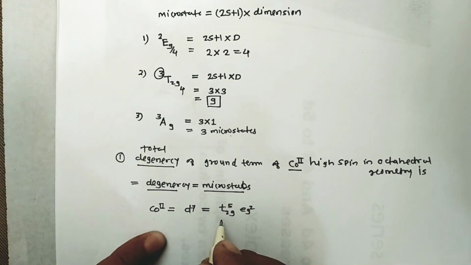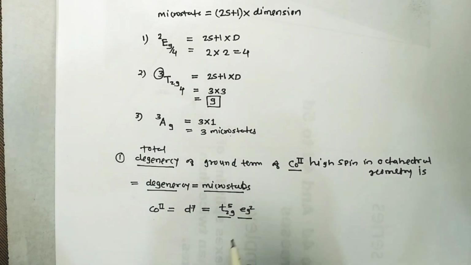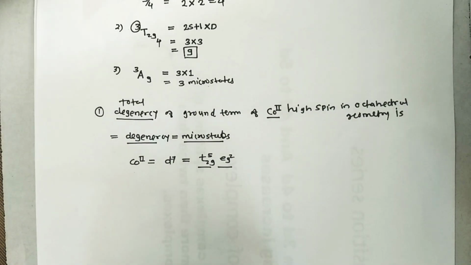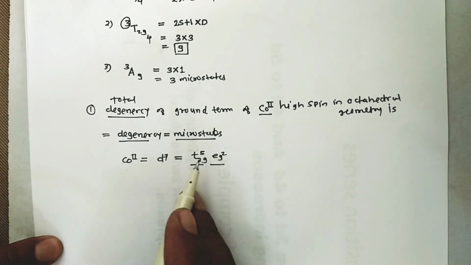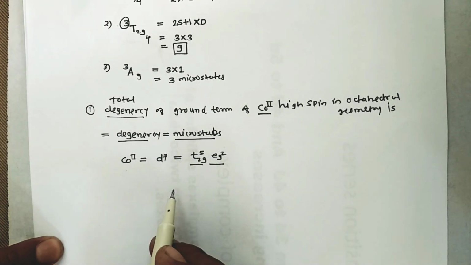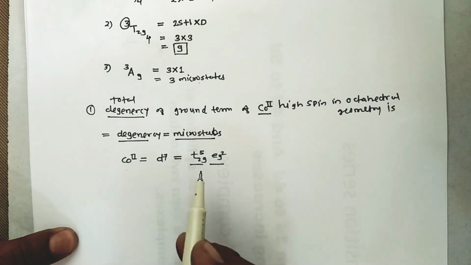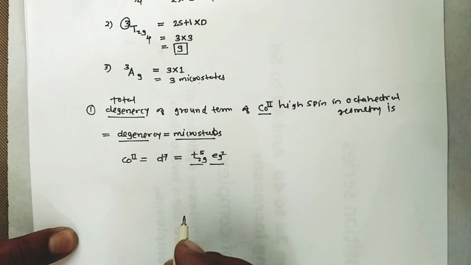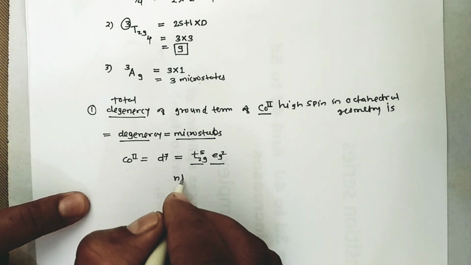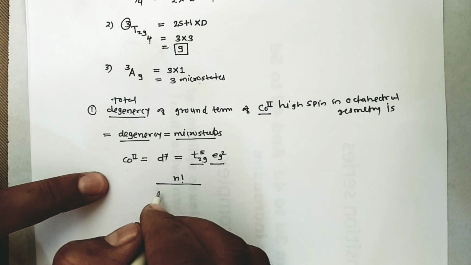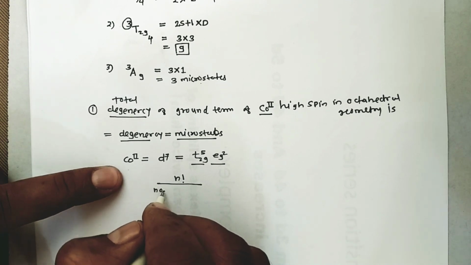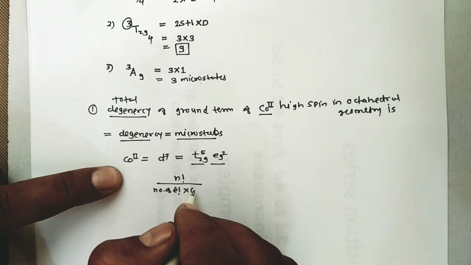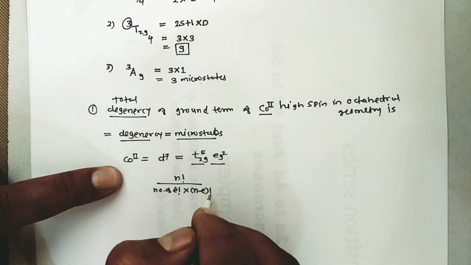Now here the configuration is given and you are asked to calculate the number of microstates. The term is not given, therefore the Mulliken symbol is also not given. Here the configuration is given, then you have to calculate the number of microstates by using the formula n factorial upon e factorial into n minus e factorial.